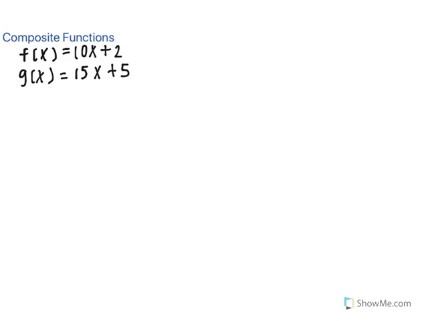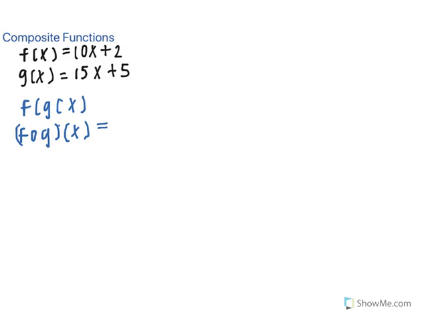So the composite function would be combining these two functions. So say I want to find f of g of x. In that case, I need to put function g into function f to combine both functions in order to create the composite function.